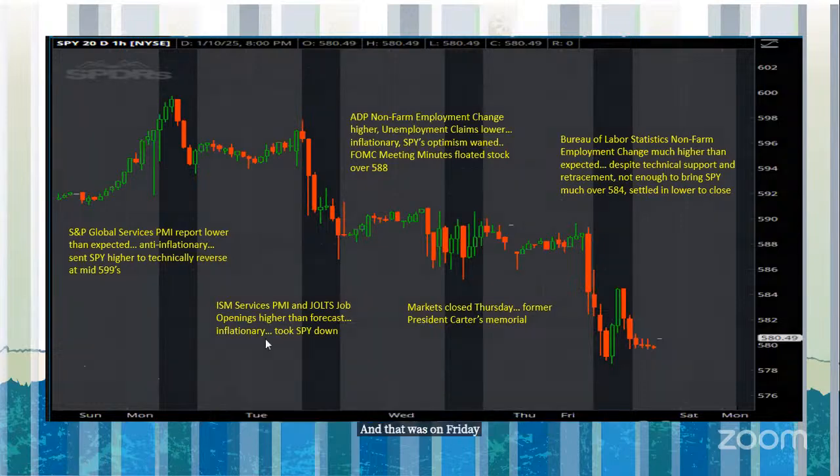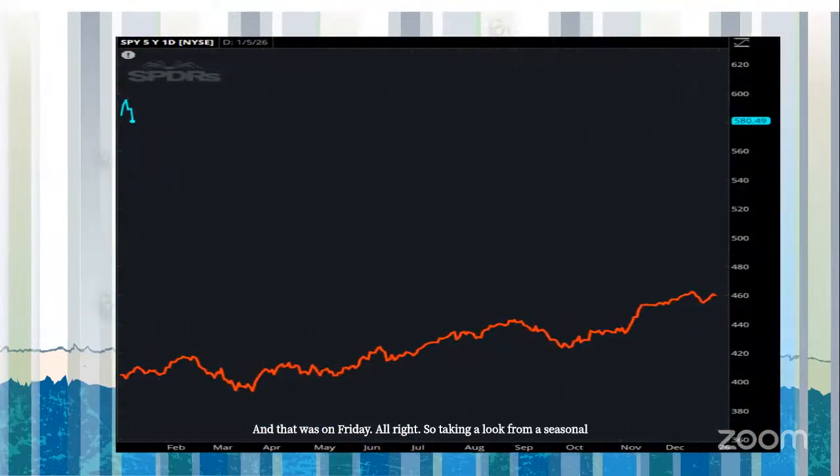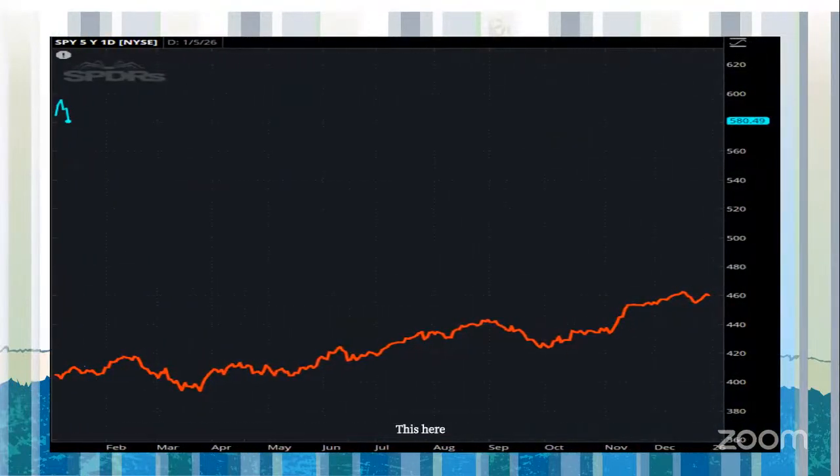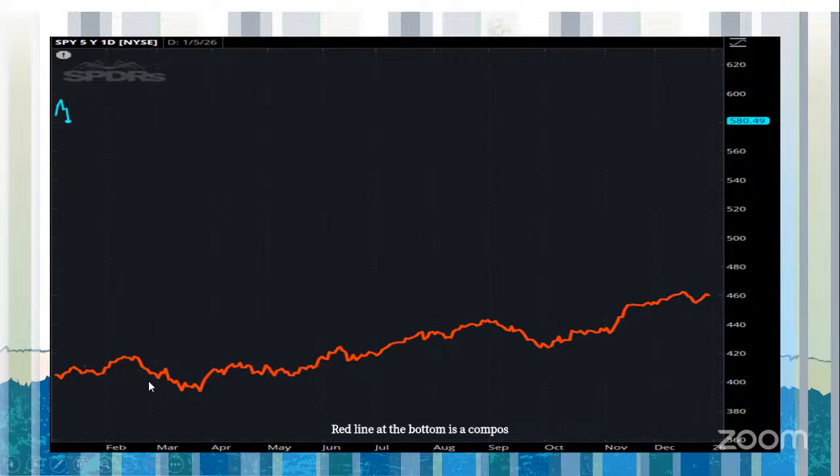All right. So taking a look from a seasonal standpoint, this here is a seasonal chart. You'll find the blue line at the top is where SPY is now, and the red line at the bottom is a composite of the last 5 years' closing prices on the daily charts.